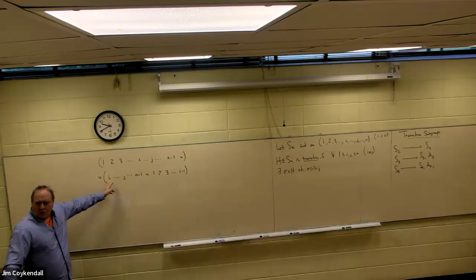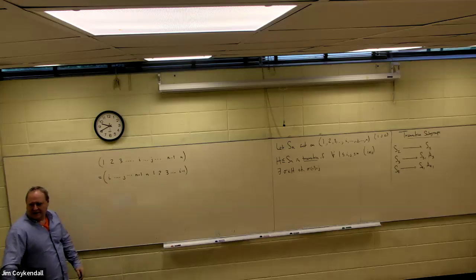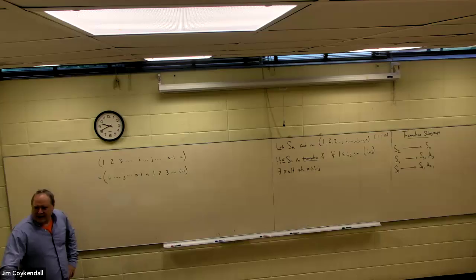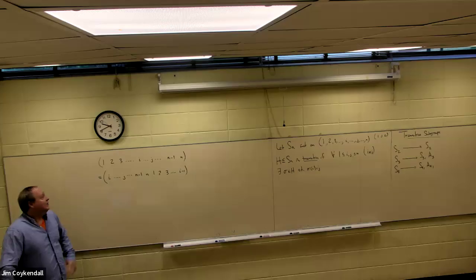What if there's one element between i and j? You do it twice, and that'll take i directly to j. More generally, if there are n things in between, you just take this to that power.